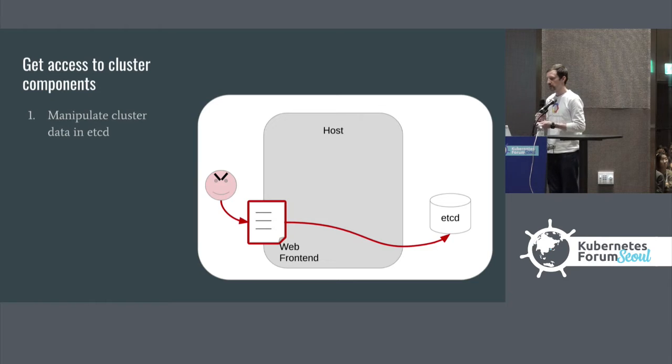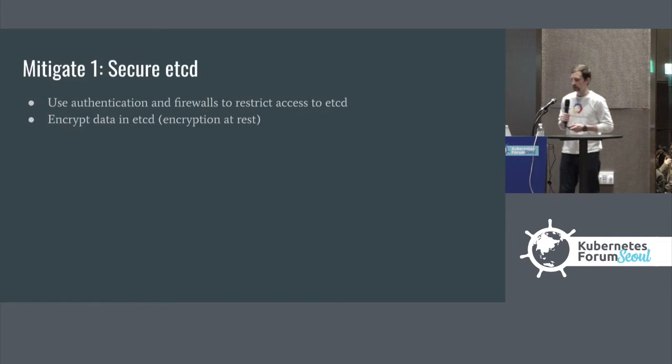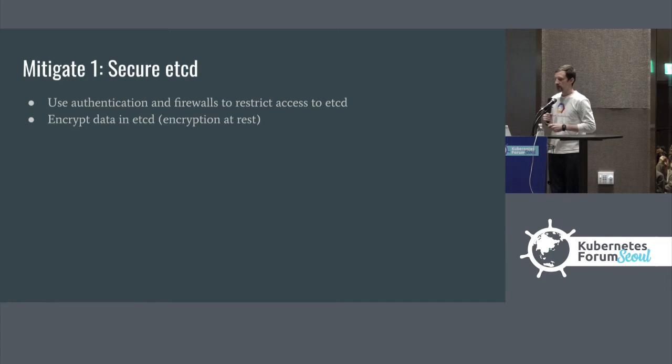So you need to make sure that your etcd is secured. You would set up etcd so that it requires authentication, and then firewall it so that you cannot send network traffic to etcd from inside of the cluster.